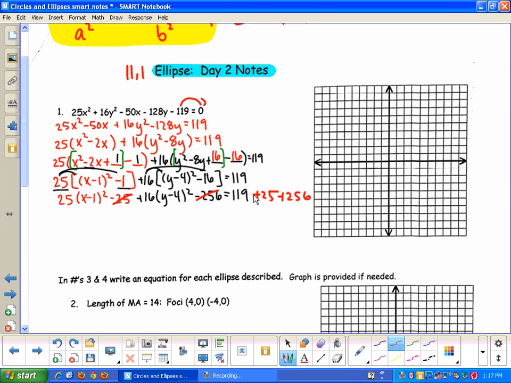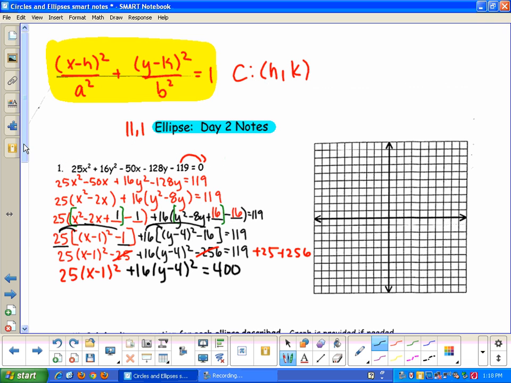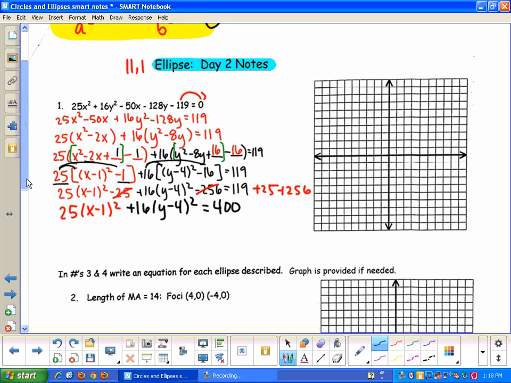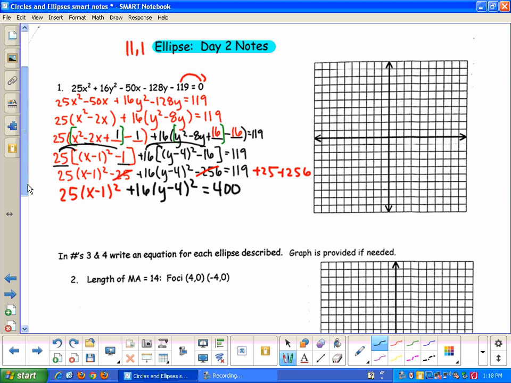So I have 25 times x minus 1 quantity squared, and then we have plus 16 times y minus 4 quantity squared. And now it's equal to 400 when we add all that together. Then I'm still not done because remember before we said that these equations, if you look back up here, must equal 1. So in order to get 1, I have to divide everything by 400.